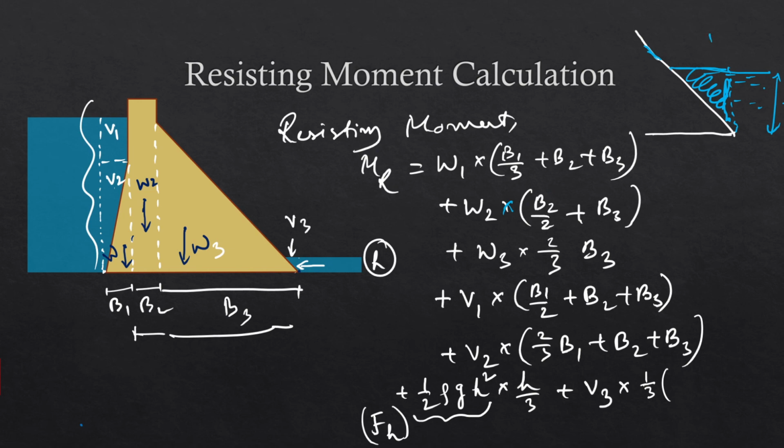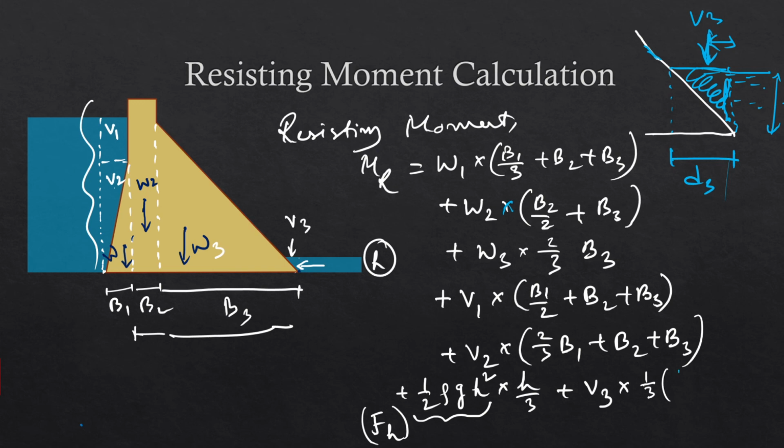So whatever that distance is, this is V3 suppose, and this small distance, let's call it D3.